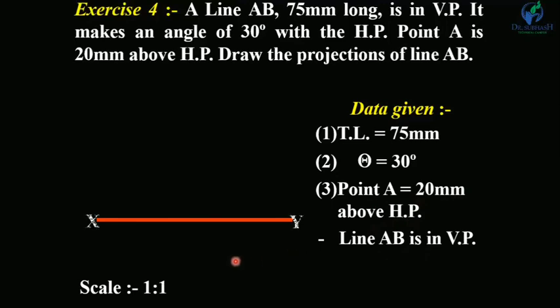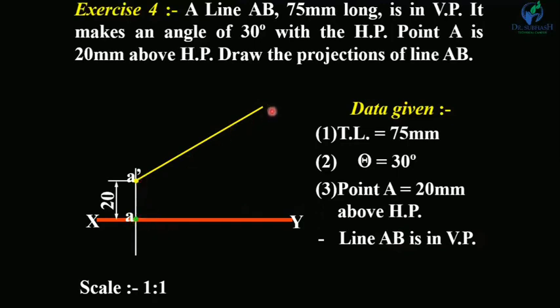So first of all, draw XY line. Now mark the position of point A, 20 mm above HP. So A dash is 20 mm above XY line, and it is inclined at angle of 30 degree. Because line is in VP, point A is on XY line.